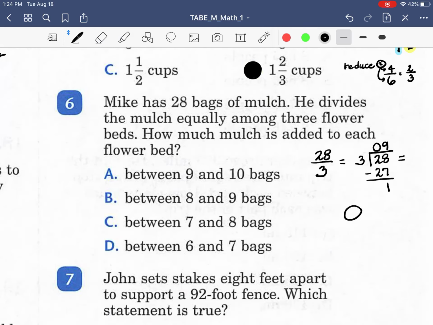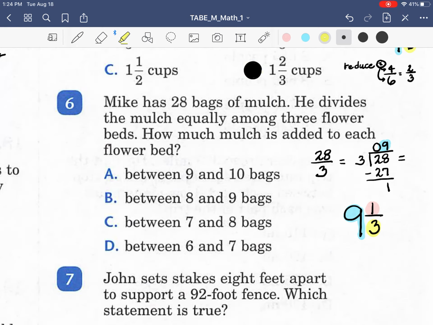So my answer here, the mixed number, is 9 1/3. So we have the 9, and then the 1, and then the 3. 9 1/3. So when you go to answer this question, be careful.